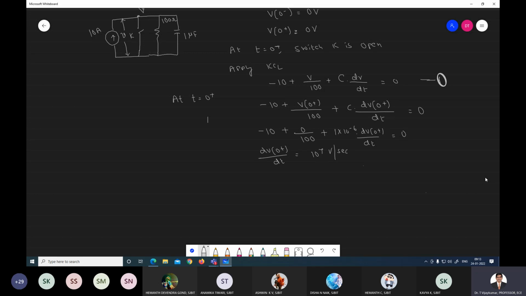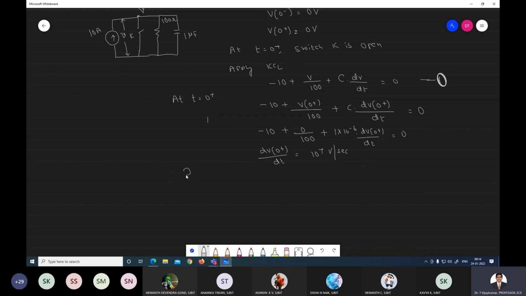Understood this one? d square V by dt square is minus 10 to the power of 11 volts per second square.